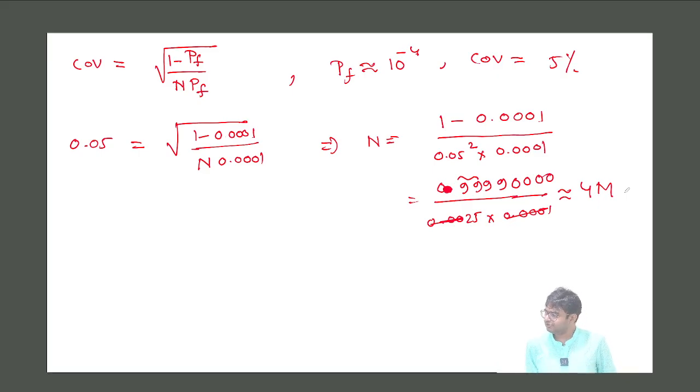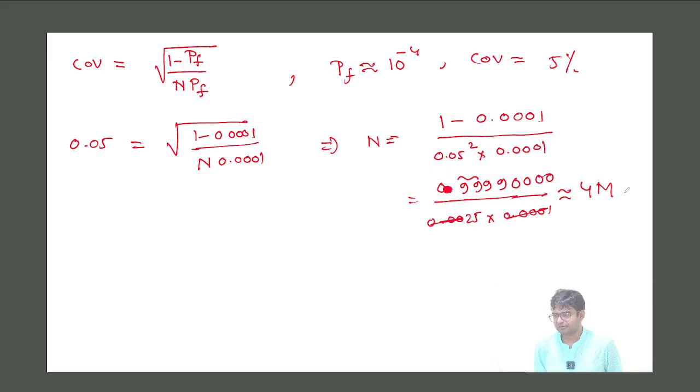Now, do you think 10 to the power minus 4 is a low probability, high probability, okay probability? What do you think it is? Low. For our engineering system, 10 to the power minus 4 is an okay kind of probability. I will call it a rare event, that means a little bit low probability, if it is in the range of 10 to the power minus 5 to 10 to the power minus 8. Very rare event, 10 to the power minus 8 to 10 to the power minus 12.